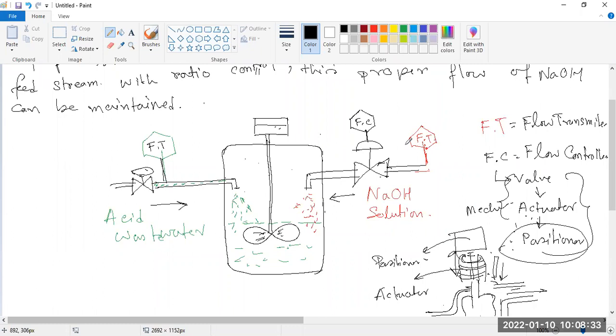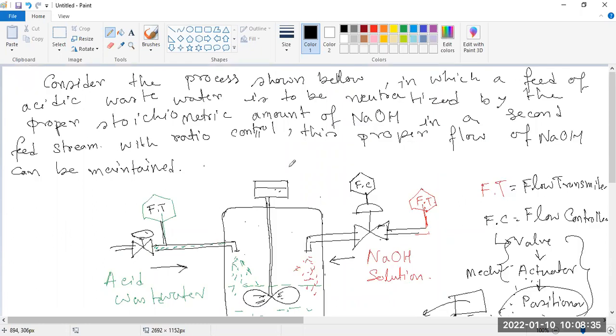Now this is not complete. Now we have to control these things. You just remember, this is the P&I diagram. This is your controller.